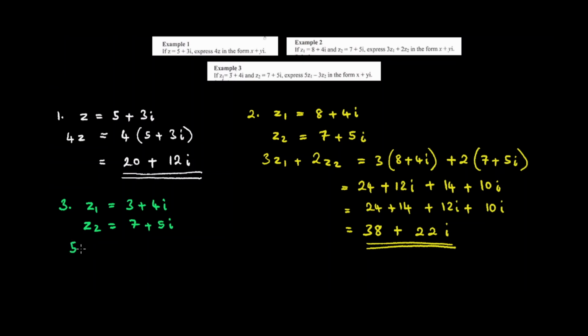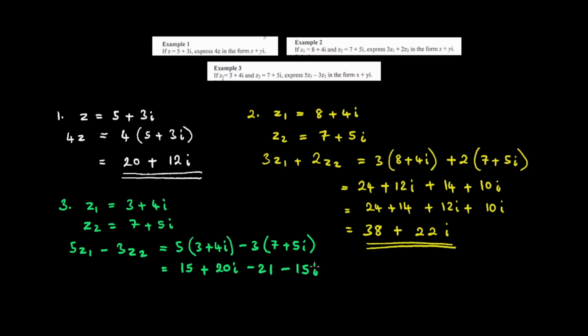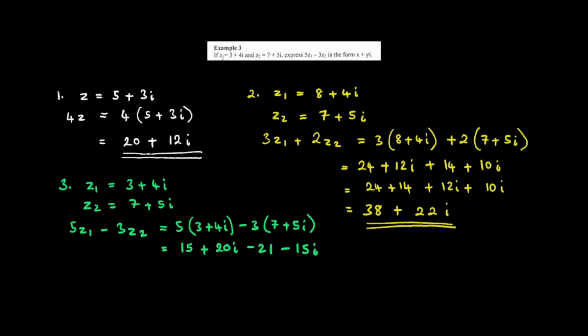So 5z1 minus 3z2 is going to be equal to 5 multiplying z1, that's 3 plus 4i, subtracting 3 multiplying z2, which is 7 plus 5i. So this becomes 5 times 3 is 15, plus 5 times 4i, that's 20i, minus 3 times 7, which is 21, then minus 3 times 5, that's minus 15i.